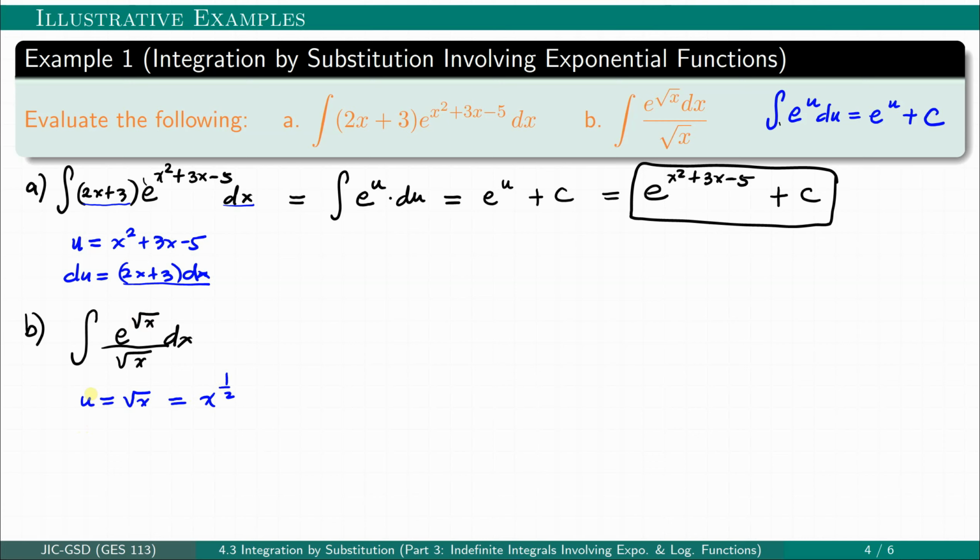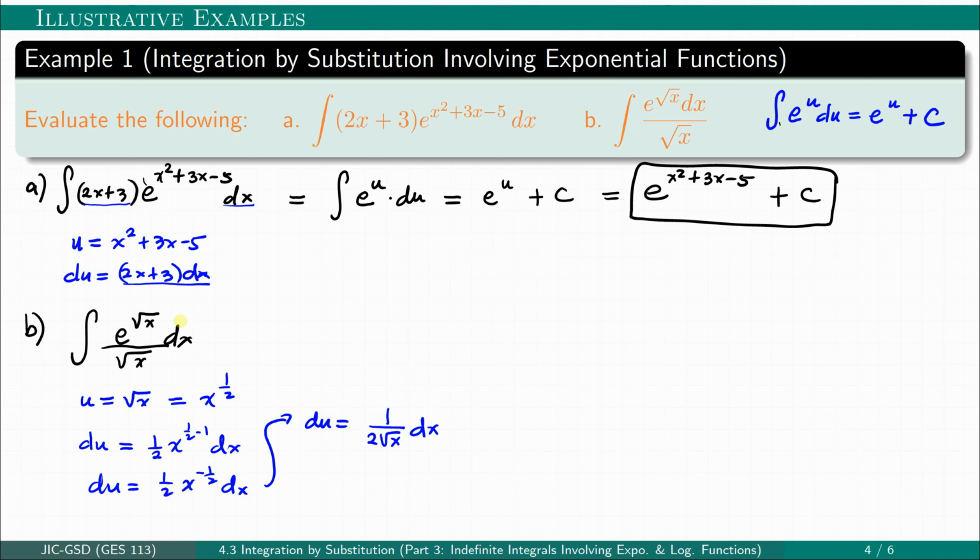If you take the derivative, du is, the 1/2 will go down, x raised to 1/2 minus 1 dx. We can rewrite this as 1/2 x raised to minus 1/2 dx, or du is equal to 1 over 2 square root of x dx.